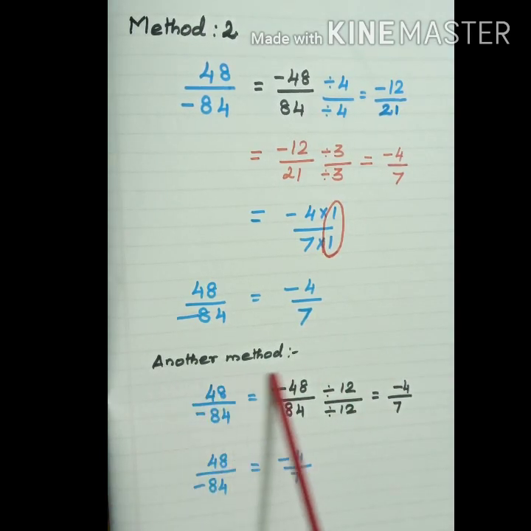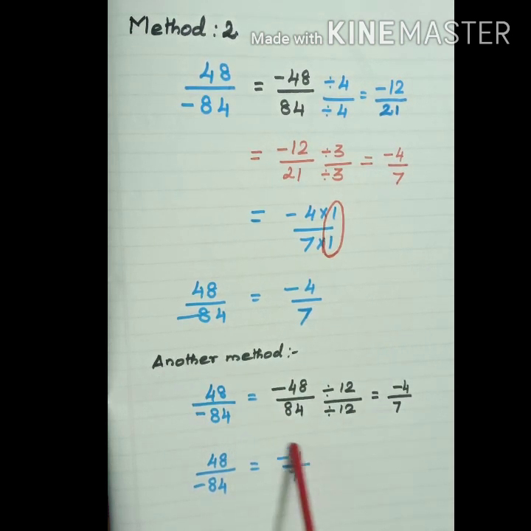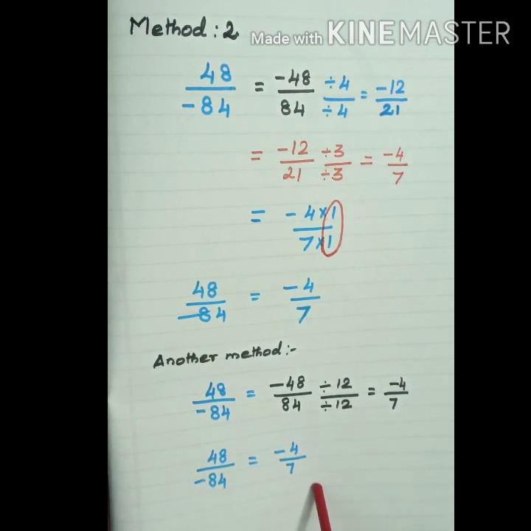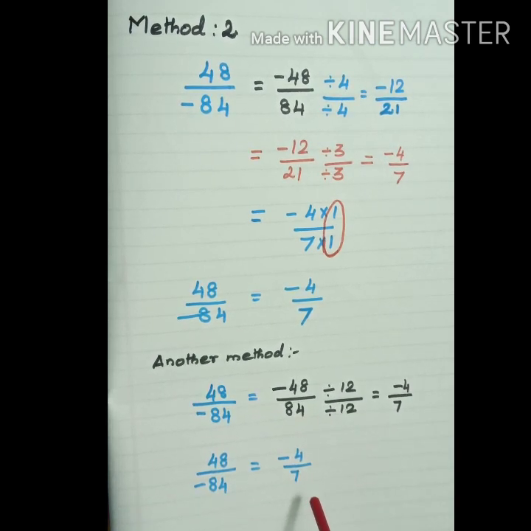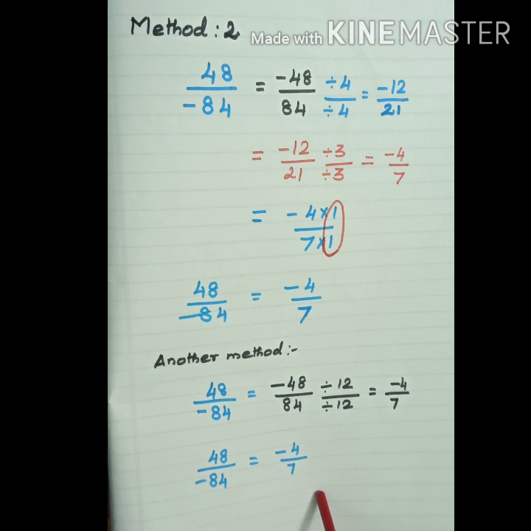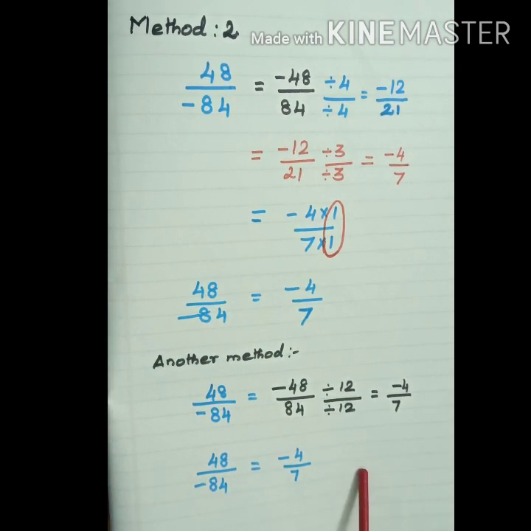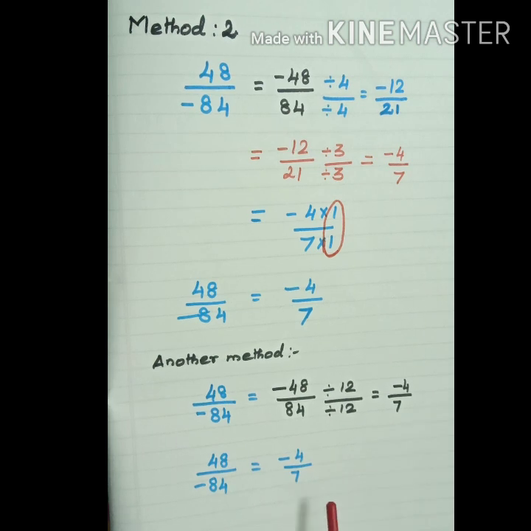But in the other method, we reached the answer within one step. So, we have to be confident in the tables. Do regular practice. To get the answer easily, you must be thorough with the tables and do the sums daily.